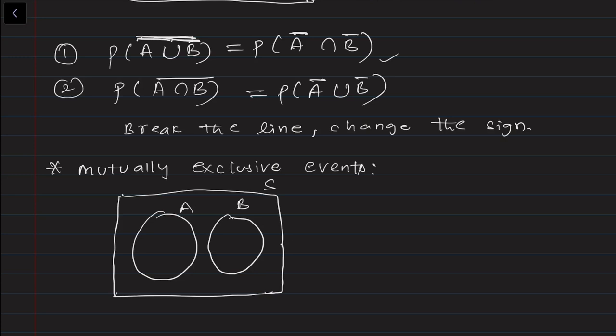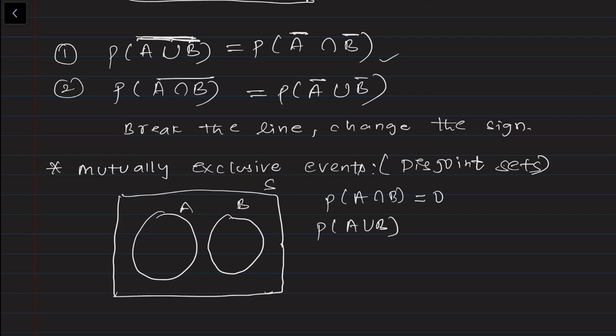One event will exclude the possibility of the other event. In this case, probability of A intersection B will be 0. You can also consider this as a disjoint set. There is nothing common in the sets. In this case, probability of A union B is simply probability of A plus probability of B, the sum of the individual probabilities.